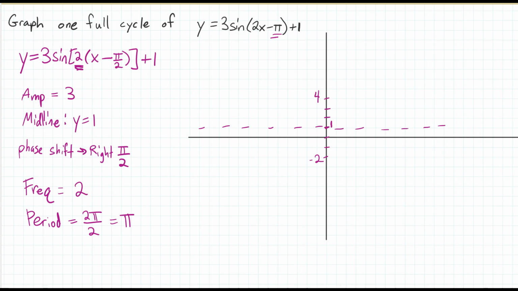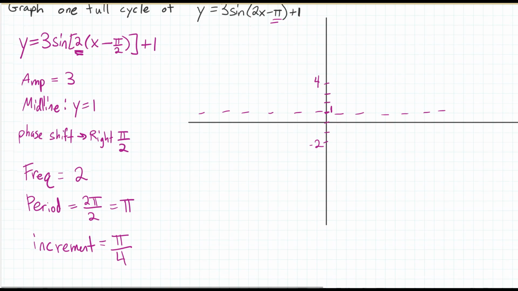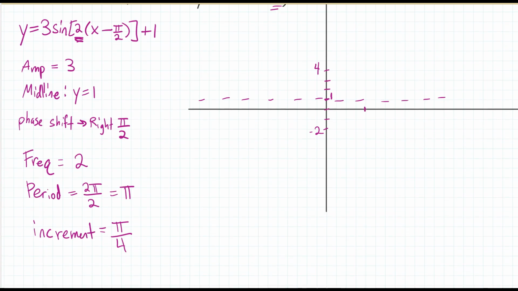So I'm going to plot 4 important points after the starting point. Each of my tick marks on the x-axis after where I start should be a fourth of my period away from each other. So if I, let's say, go out 1, 2, 3, let's make that 4 boxes for pi over 2. I'm establishing that every 4 boxes is a distance of pi over 2 units.